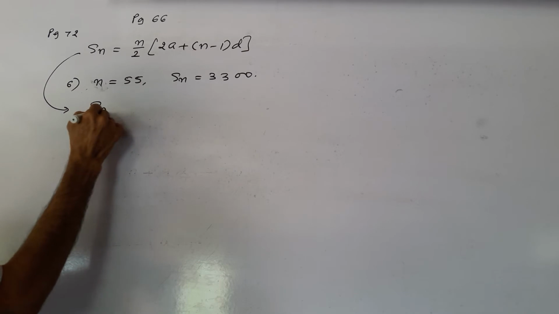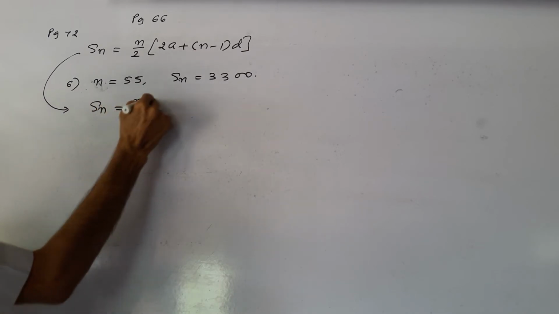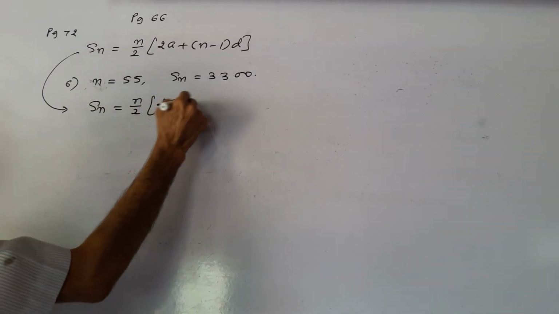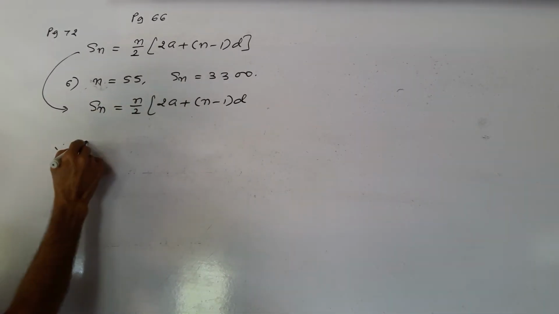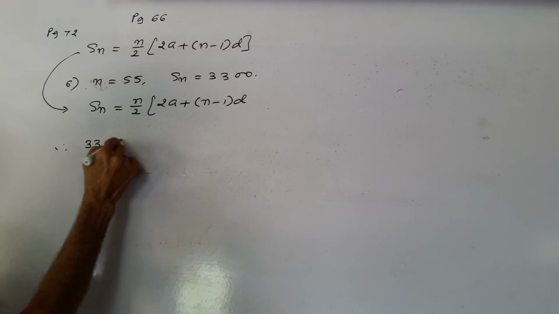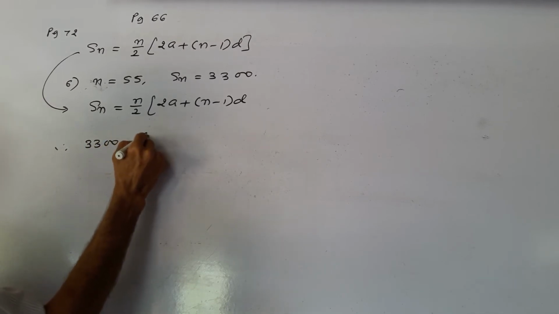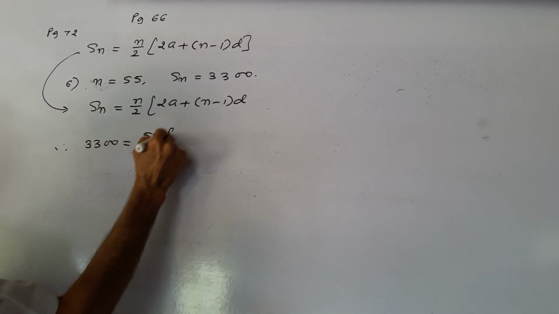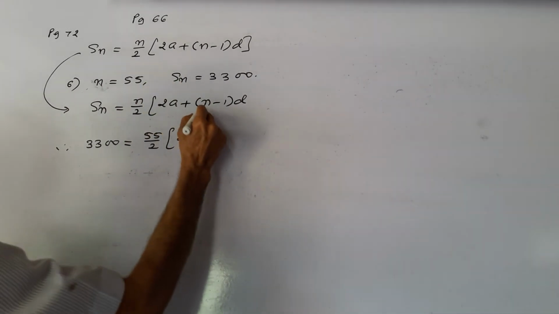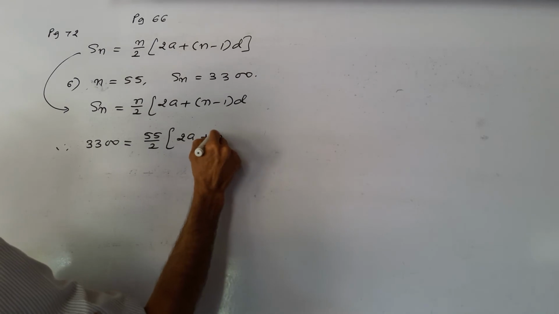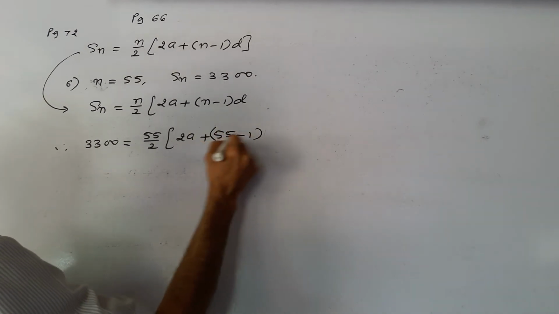We have the formula, so just write the formula first here. Sn is equal to n upon 2, 2a plus n minus 1 d. Now in place of Sn, write 3300 equal to n upon 2. n is 55, so 55 upon 2 bracket 2a plus n, which is 55, so in place of n write 55 minus 1 d.